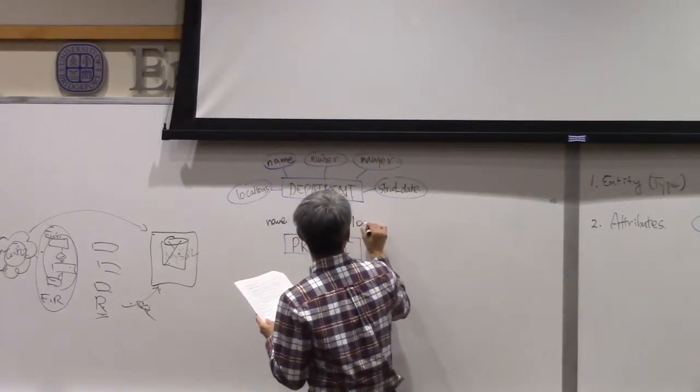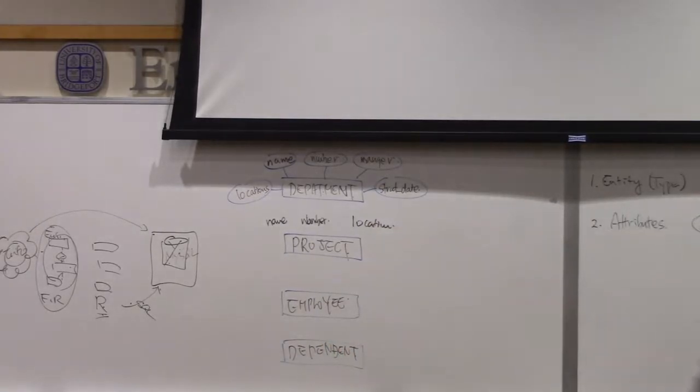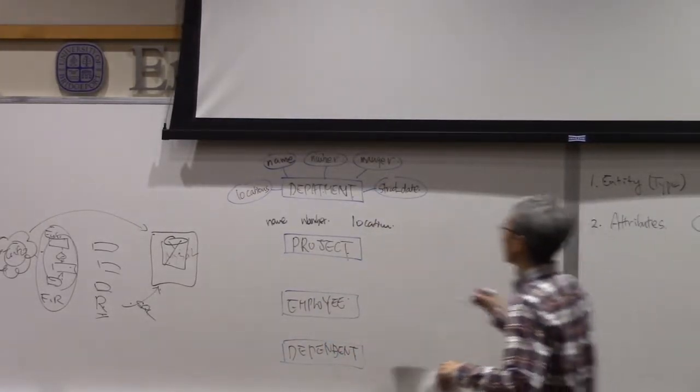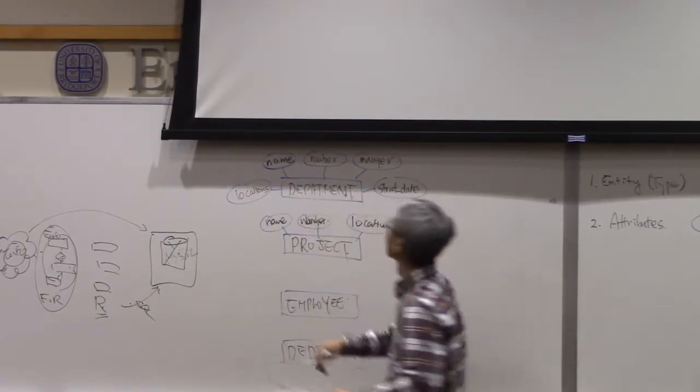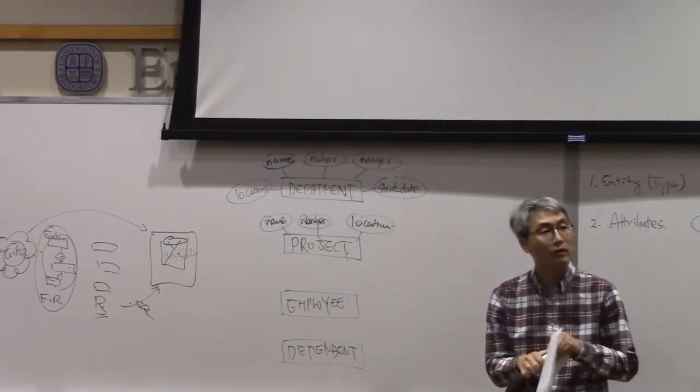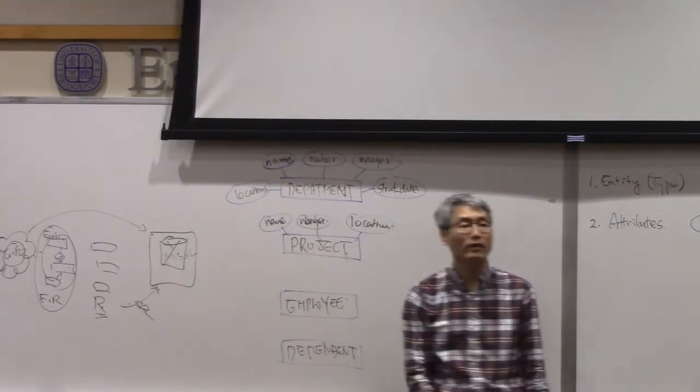It also has the location. After that, we can connect them to the entity. Question: this project has a name, and the department has a name.